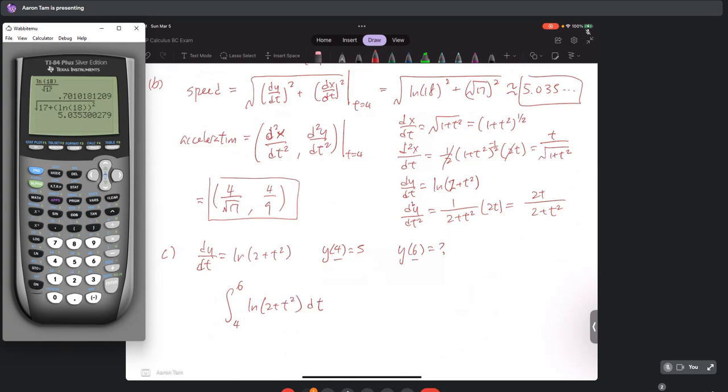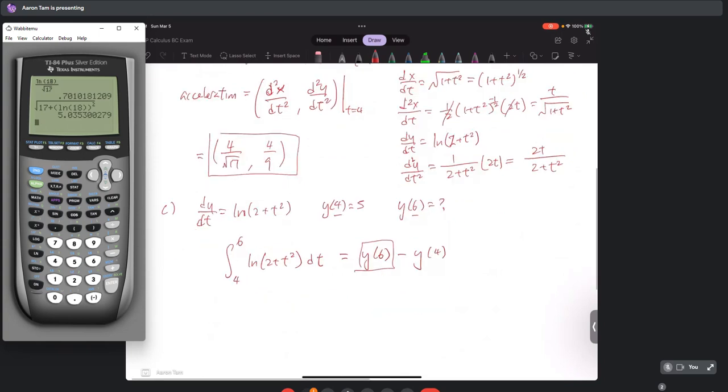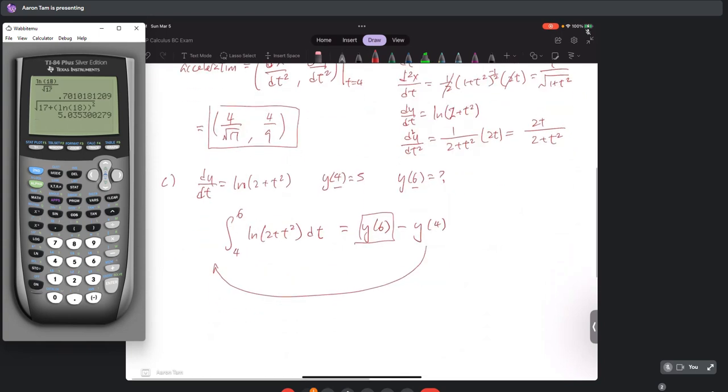That would be integrating dy over dt from 4 to 6, which would give us y of 6 minus y of 4. Since y of 6 is what we're looking for, I'm going to move this to the other side. So it becomes y of 4 plus the integral from 4 to 6 of natural log of 2 plus t squared dt would equal y of 6.